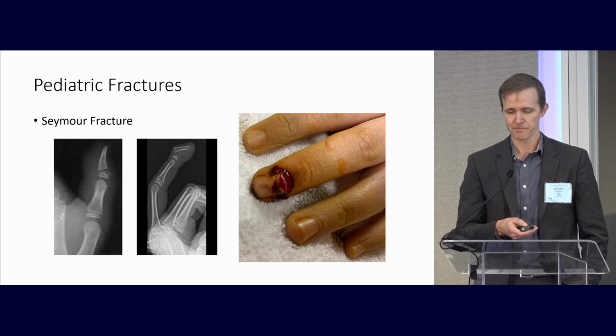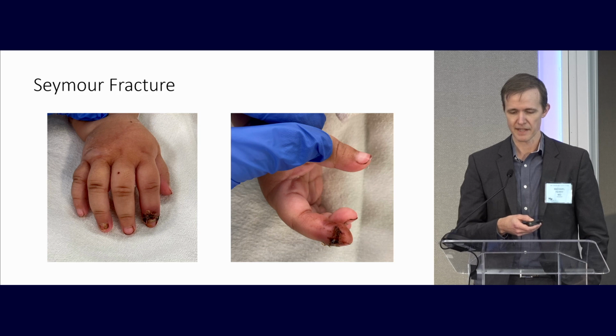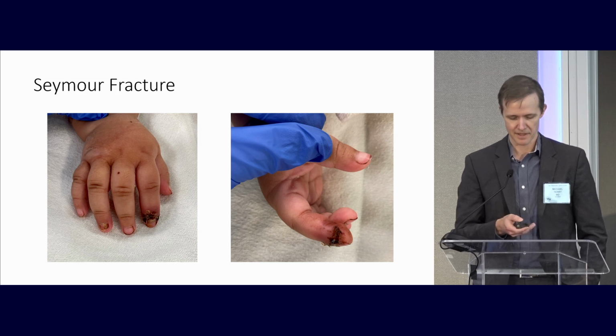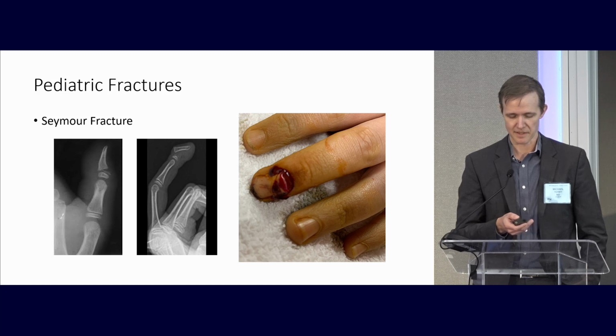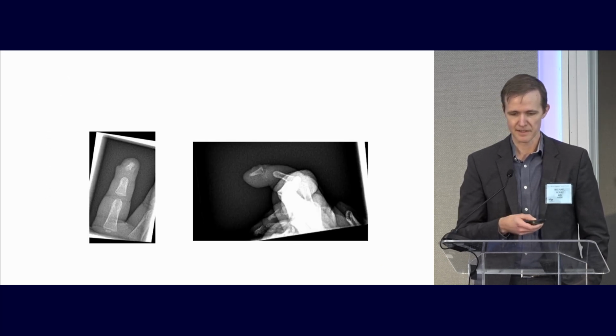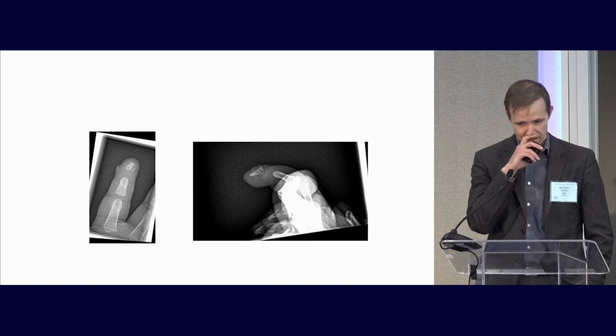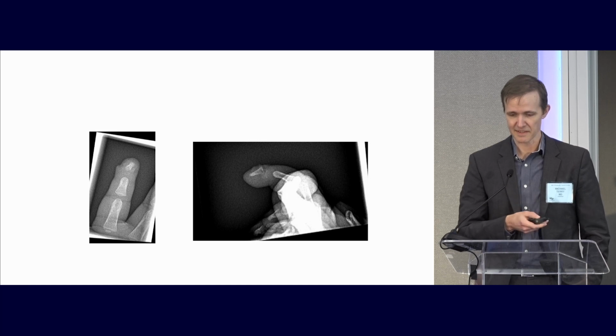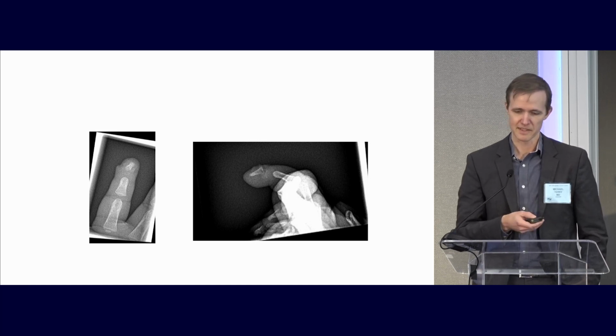And here's another example of an 18-month-old who had a dog bite to the index finger. Here are the plain films on that one. It's hard to even visualize the epiphysis on the distal phalanx with this young of a patient, but you can see that the distal phalanx is quite dislocated there.